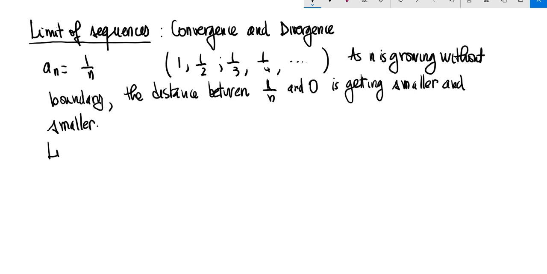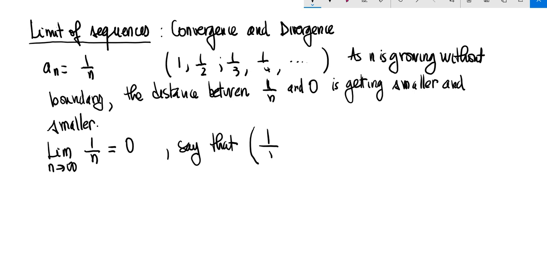So we say that the limit as n is approaching infinity of 1 over n is equal to 0, and we say that the sequence 1 over n, when n is going from 1 to infinity, is a convergent sequence.